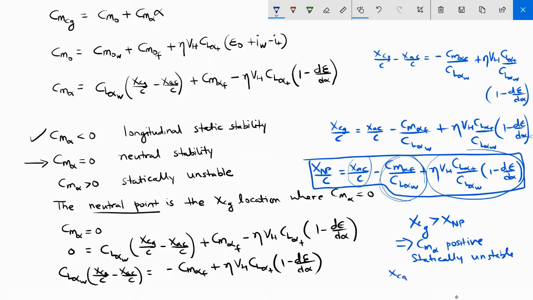When the center of gravity is equal to the neutral point, this will make Cm alpha equal to 0, and that will make the aircraft neutrally stable. And when the center of gravity is located before the neutral point, so when the center of gravity is closer to the nose, that will make the aircraft statically stable. So that will make the Cm alpha negative, and that will make the aircraft statically stable.